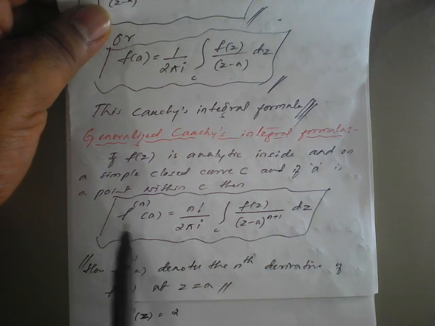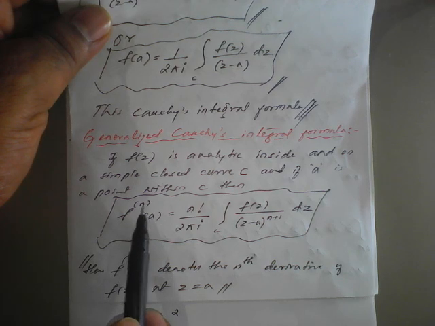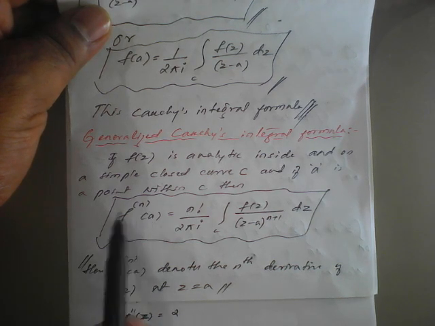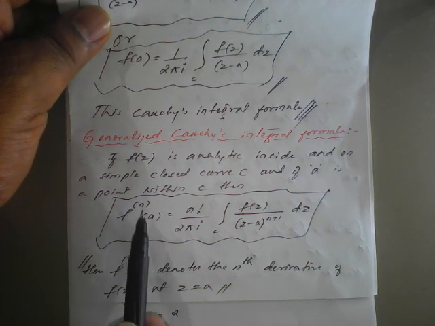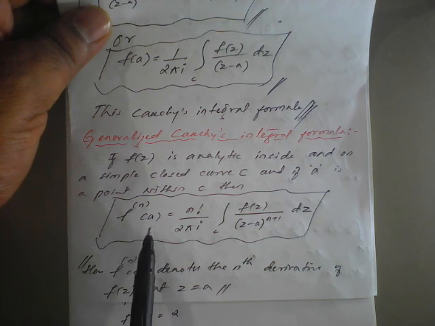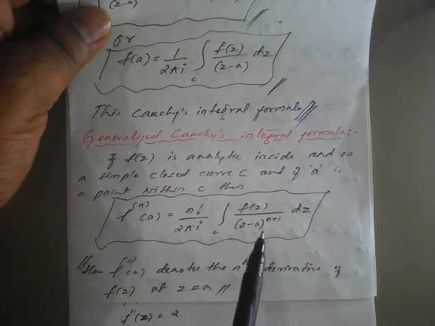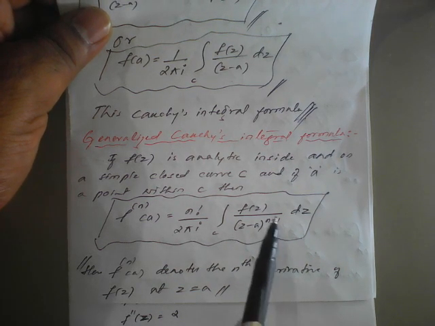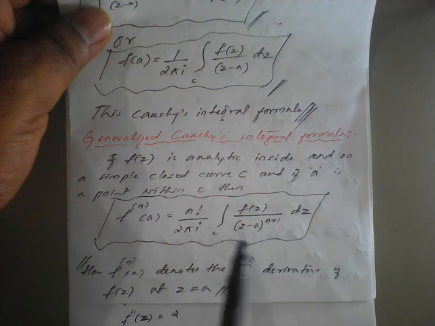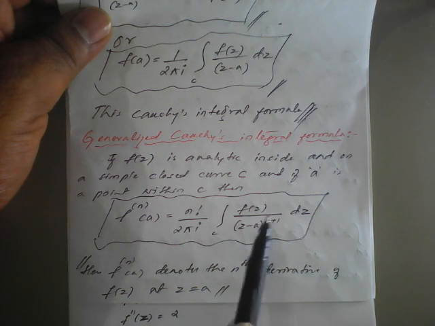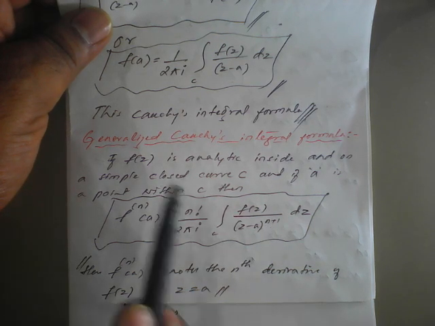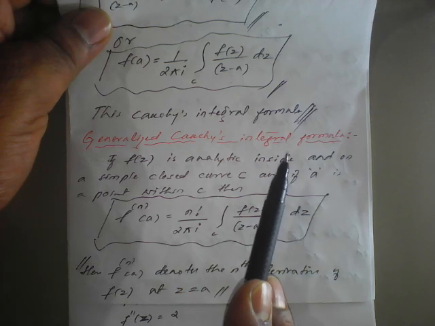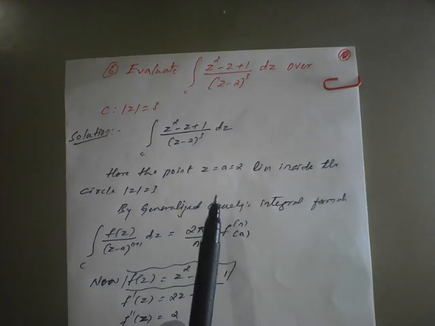So this is the generalized formula. f raised to n is nothing but the given function f of z differentiated n times at a point a, and if the pole z minus a is raised to any power, at that time we have to use the generalized Cauchy's integral formula. So we'll use this and solve the respective example here.